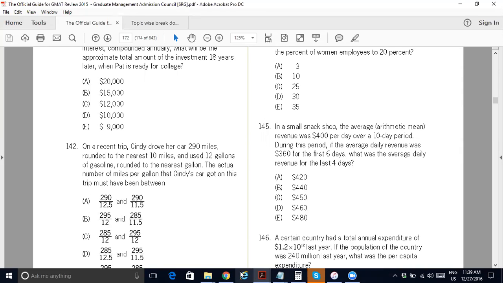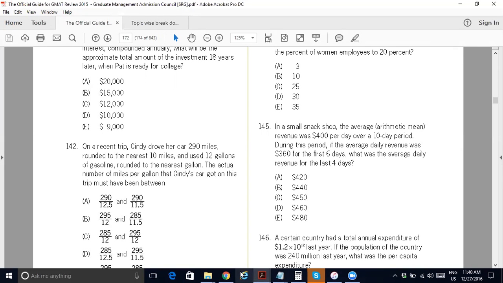This is the second point that I want to highlight. There should not be any overlap when you are solving using alligation. Now the first 6 days are separate from the last 4 days. None of the days overlap. There should be no loss of data as well.